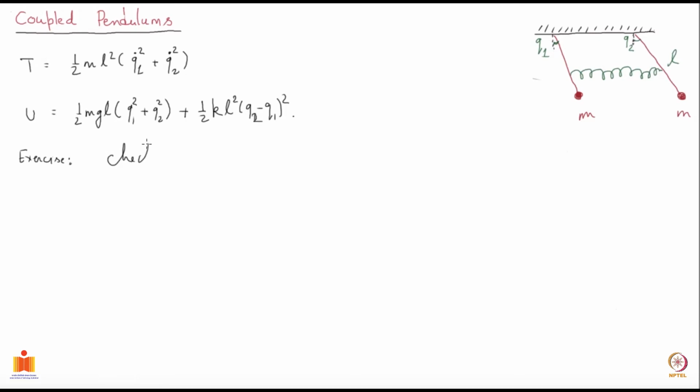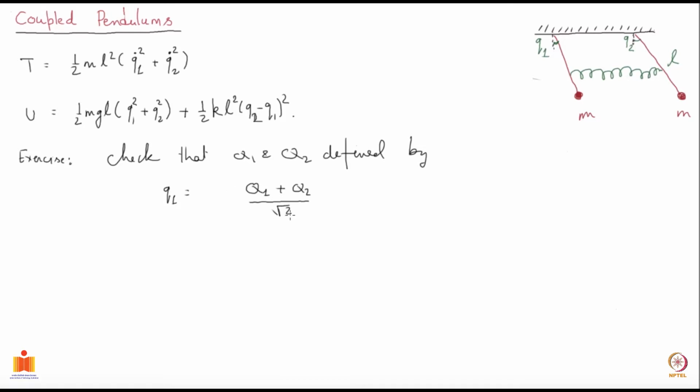Check that Q1 and Q2 defined by the following relations. Okay, so this is guesswork and it works. So what you can guess is the following. You can guess that if I define Q1 to be q1 plus q2 over square root of 2.